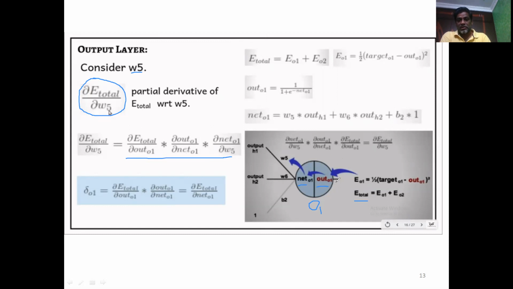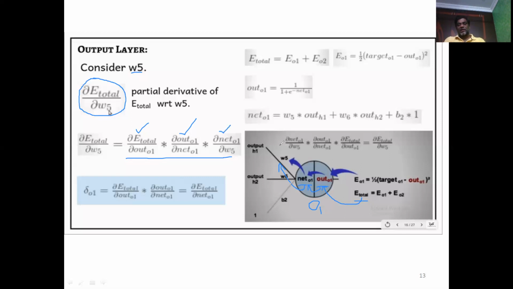Then the formula will be dou E total by dou out O1. This is where you will start. Dou E total by dou out O1 is the first term, into dou out O1 by dou net O1, which becomes the second term in the multiplication, into, going from here to the corresponding weight which you are updating. Because we want to update W5, it is dou net O1 by dou W5. That becomes your third term.